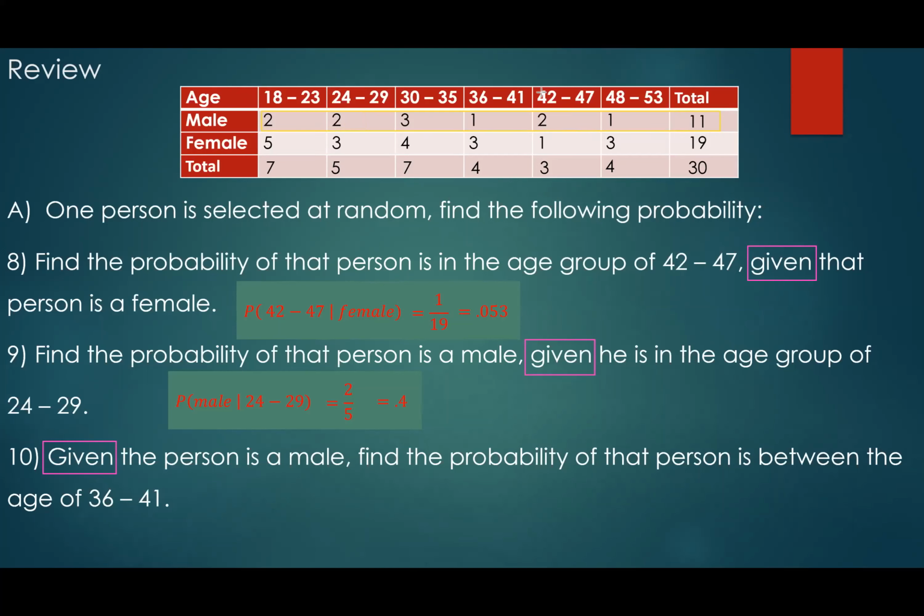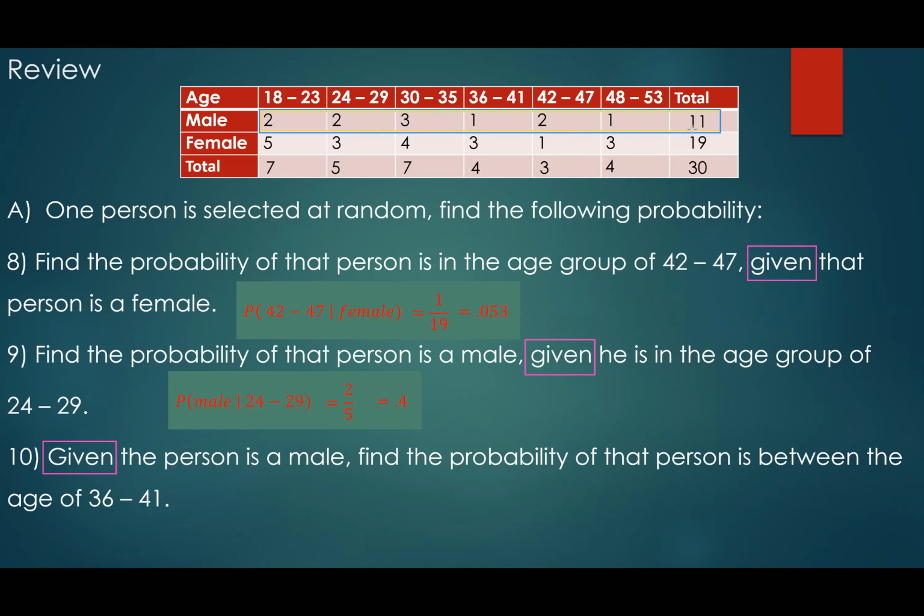So again, looking at this, everybody see that we need to take out all the male students, right? All the male students, in this case, I have 11 of them. Out of that 11 male students, how many of them are in the age group of 36 to 41? I have 1 of them, right?